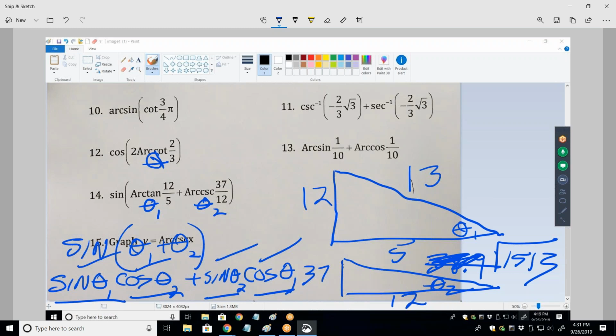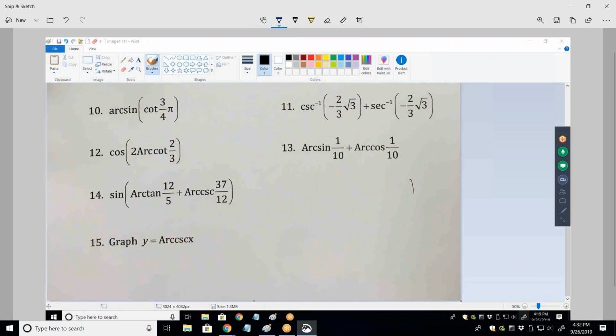The 15, well, I'll let you go here. The way you graph, I'll do it real quick. First of all, the cosecant function looks like this.